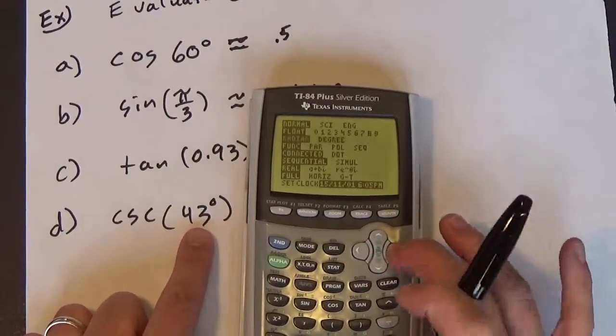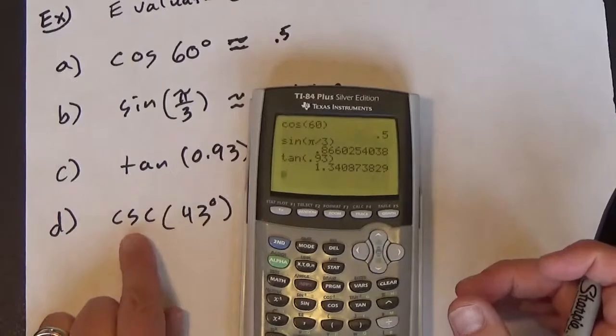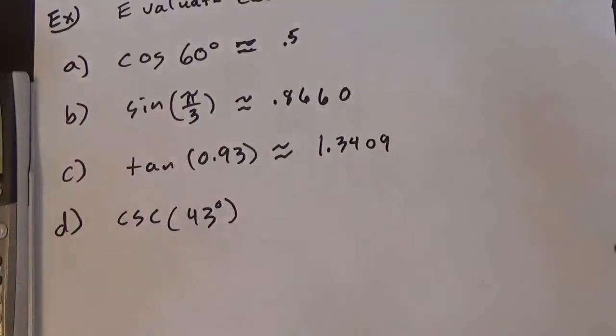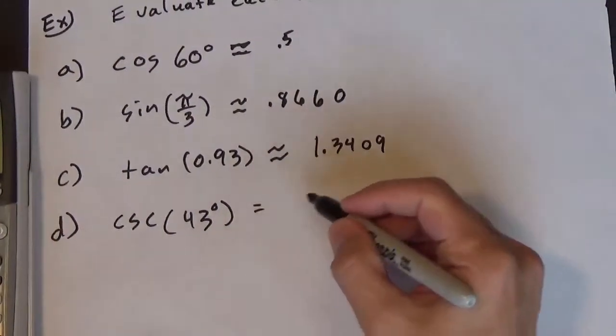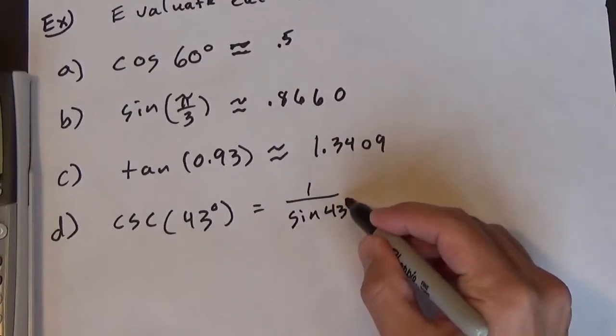I'm going to go into my mode and select degrees. Then we need to figure out cosecant. Of course, when we look at our buttons, we don't have a cosecant. We only have sine, cosine, and tangent. However, we do have our reciprocal identities, and we know that cosecant of 43 degrees is the same as 1 over the sine of 43 degrees.